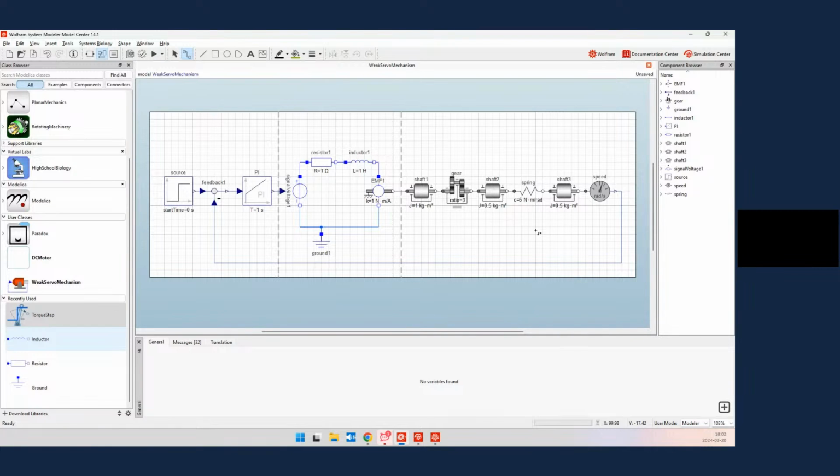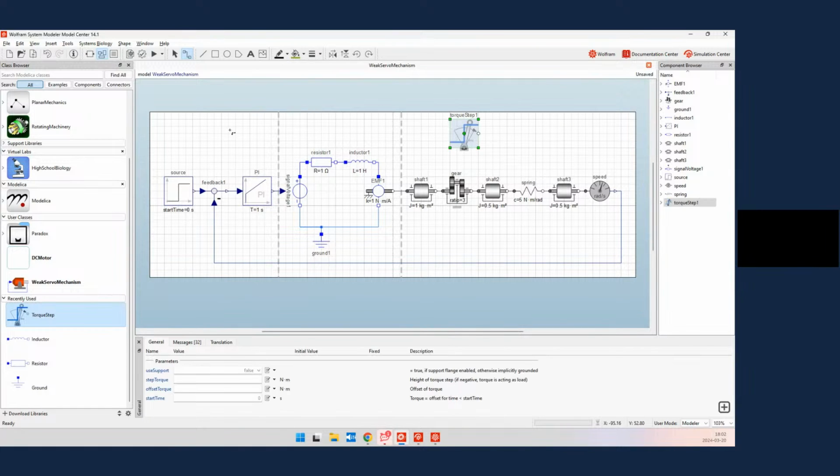The idea is that you as a user typically should just have access to these components and be able to use ready-made examples, modify them, or start from scratch and build up your own. The way you would do that is add something from all these built-in libraries and drag and drop it to the canvas. Like here, I added a torque step.